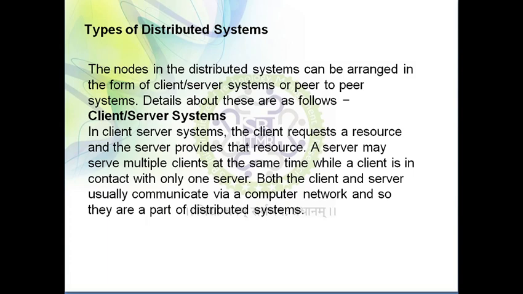Client-server system: the client requests a resource and the server provides that resource. A server may serve multiple clients at the same time, while a client is in contact with only one server. Both the client and server usually communicate via a computer network, and so they are a part of a distributed system.